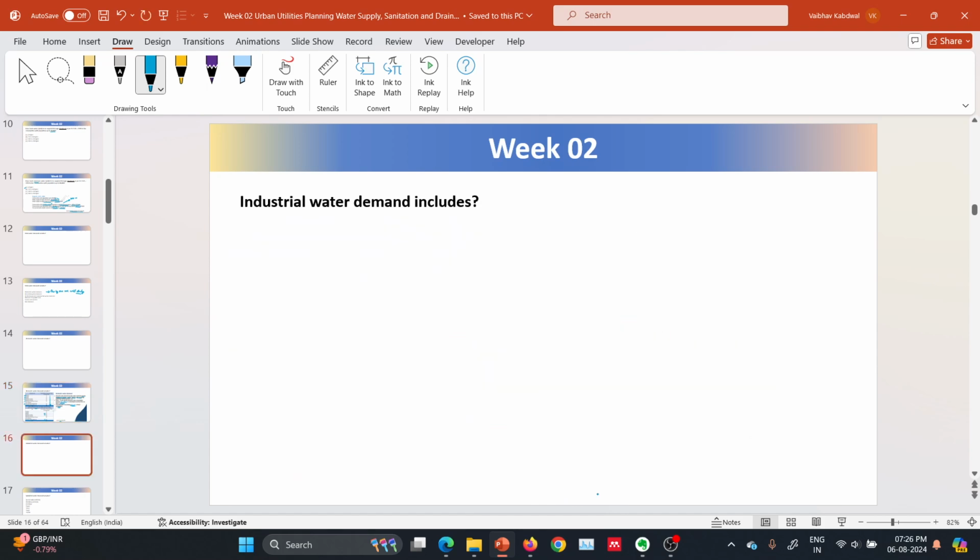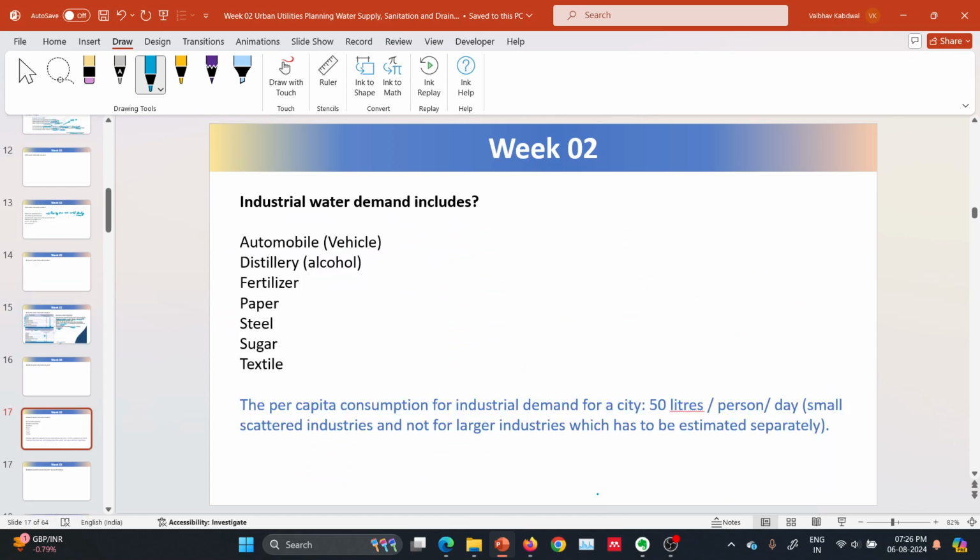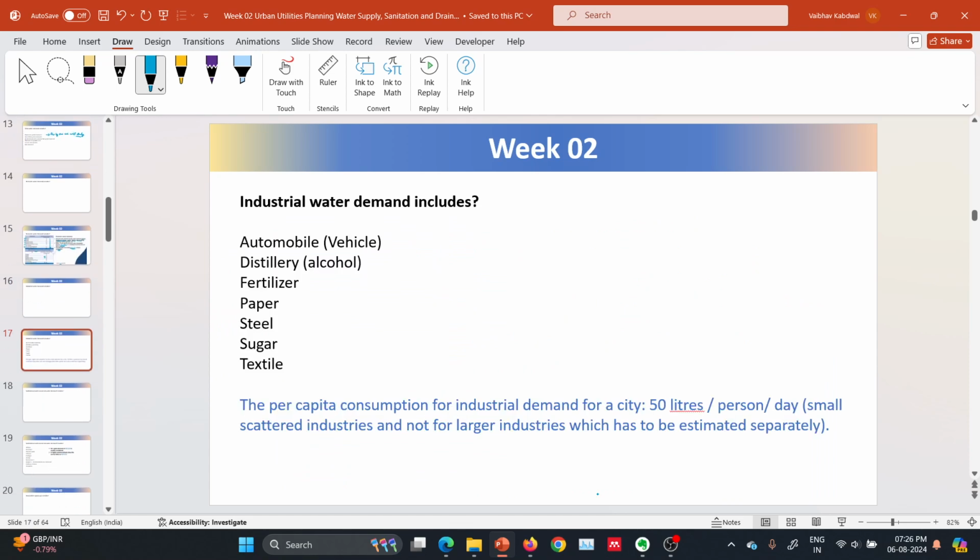So now, what is industrial water demand? Industrial water demand includes the automobile industry, where vehicles are manufactured, and distilleries, where alcohol is made. So these all exert water demand. Fertilizer industry, paper industry, steel industry, sugar, textile, dye, and all, they need water.